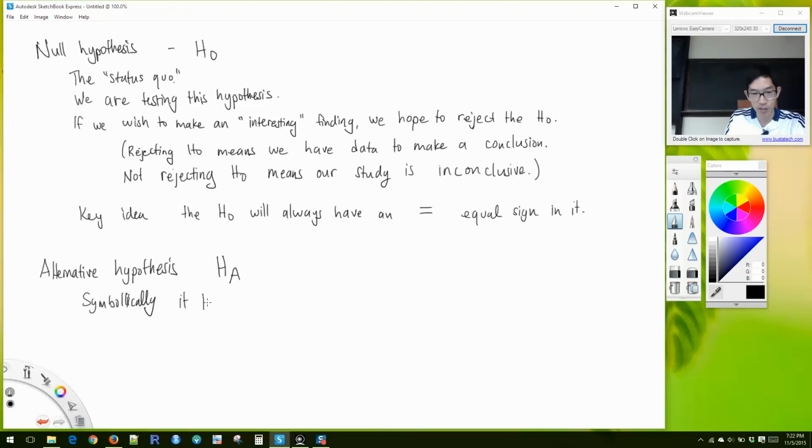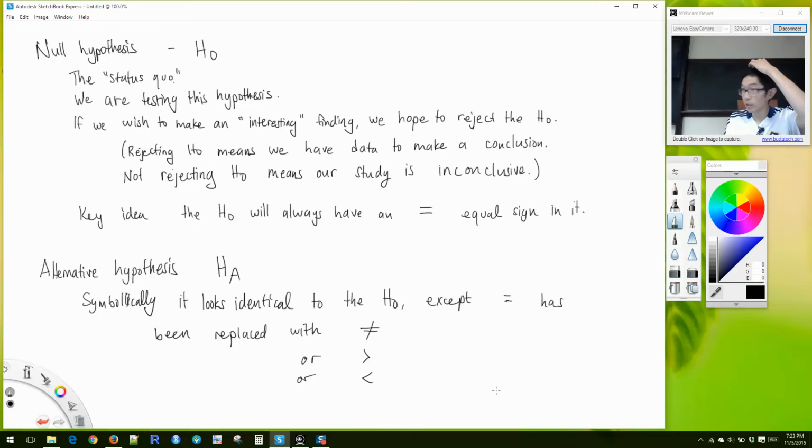It looks identical to the null hypothesis, except the equal sign has been replaced with either a not equal sign or a greater than or a less than.